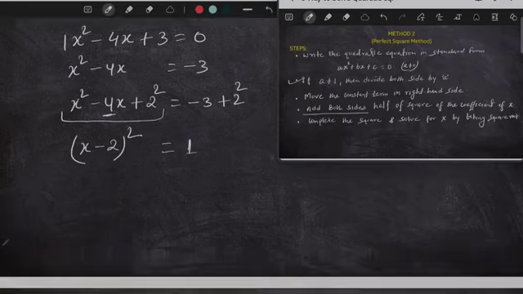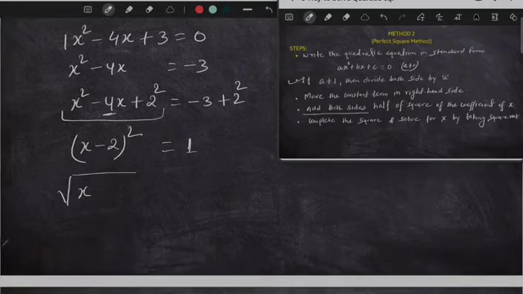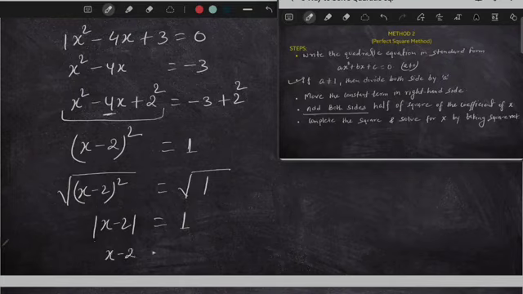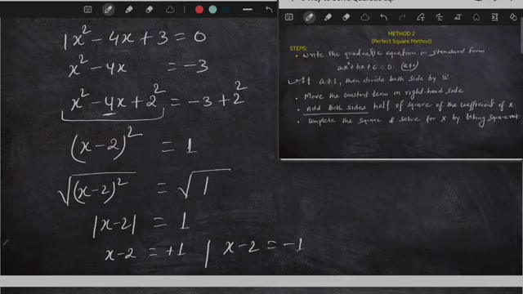Taking the square root of both sides: square root of x minus 2 whole square and square root of 1. The root of x minus 2 whole square is the modulus of x minus 2, and the root of 1 is 1. This means x minus 2 is positive 1 or x minus 2 is negative 1.